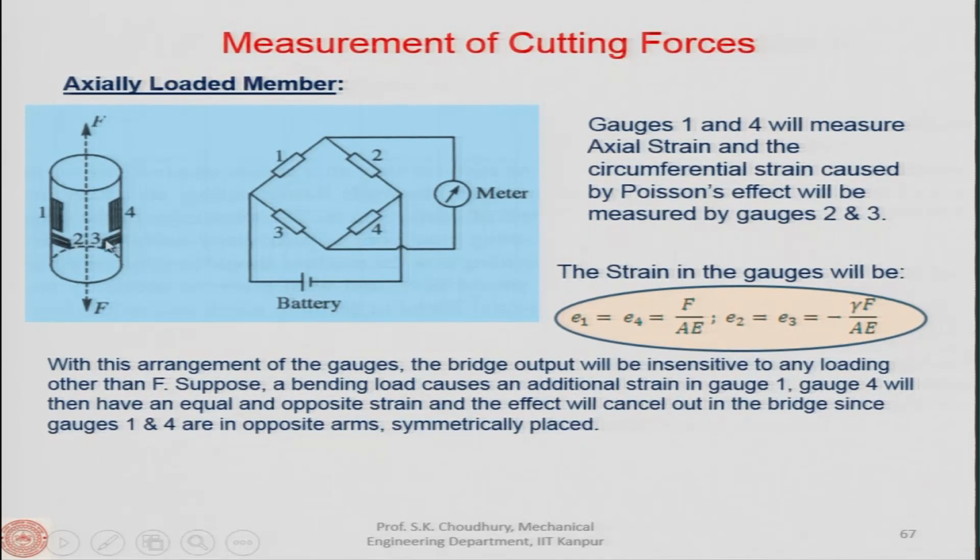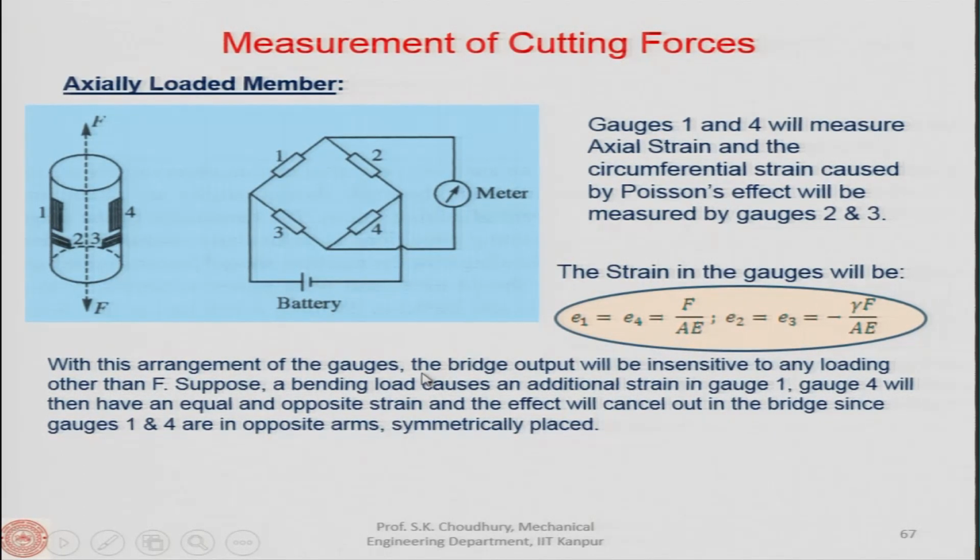It will be only the circumferential strain caused by the Poisson's ratio that will be measured by 2 and 3 strain gauges. So, 2 and 3 will give you this amount multiplied by the Poisson's constant, with a negative sign, ε2, ε3.